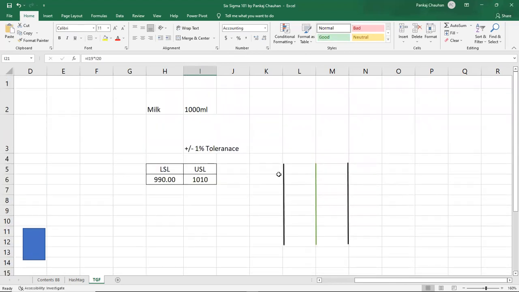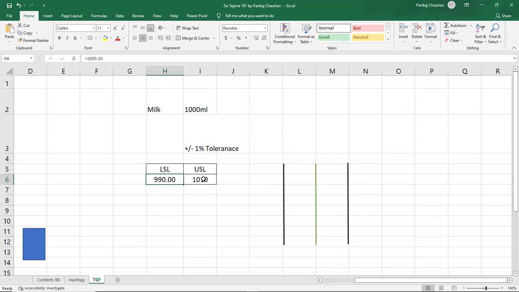Assuming now that you are the person running the packaging unit for the milk, producing the milk in the factory, understand what the benefits are of playing with the specification. As 1% tolerance is there as per the government, the person is supplying milk between 990 ml and 1000 ml.